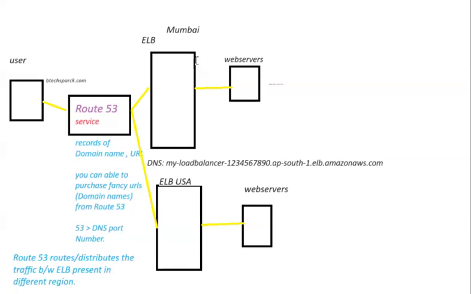Here you have your users from the Mumbai region as well as the USA region only. But let's say I have users worldwide. In that case, what service do I need to use in AWS to provide my web servers all over the world, that is, in the regions from where my users are requesting?